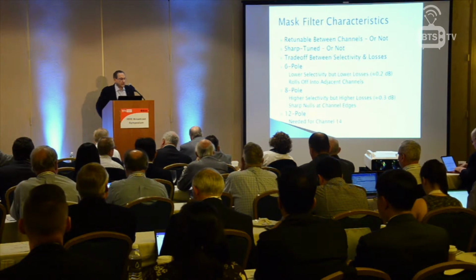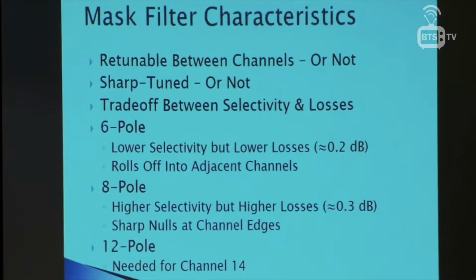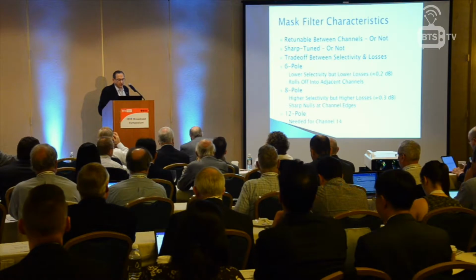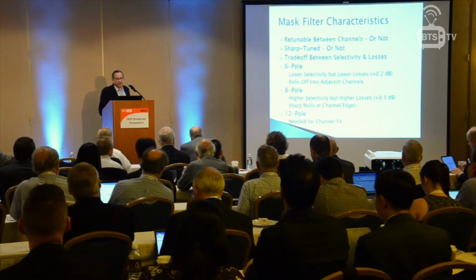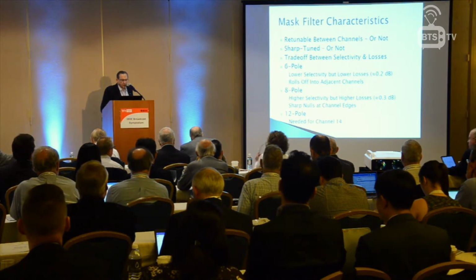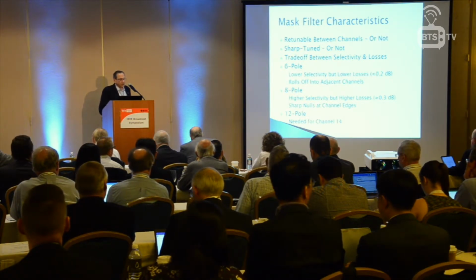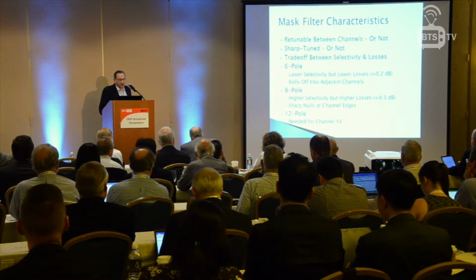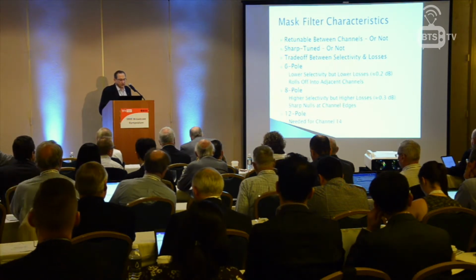When we look at mask filters themselves, there are different kinds. These days you can get them retunable between channels or fixed, so not retunable. We can get them sharp tuned or not. There's a trade-off between selectivity and losses. The primary filters used are 6-pole, 8-pole, and 12-pole. With a 6-pole filter, we get lower selectivity, but also lower losses.